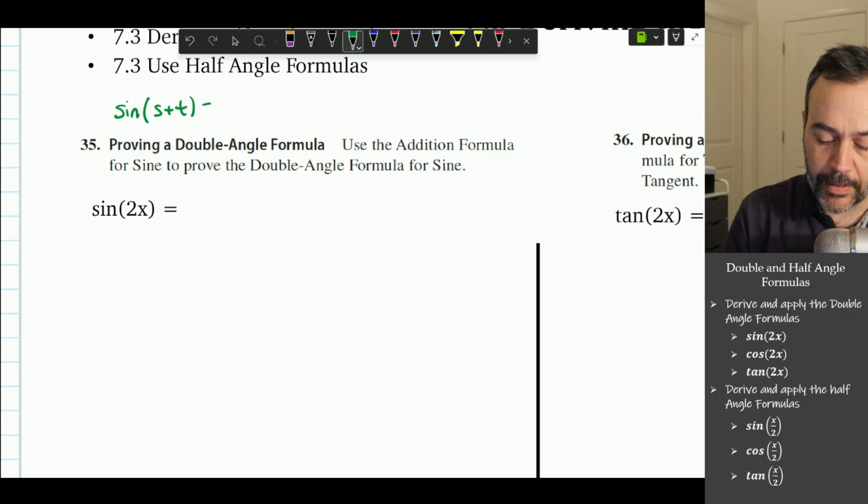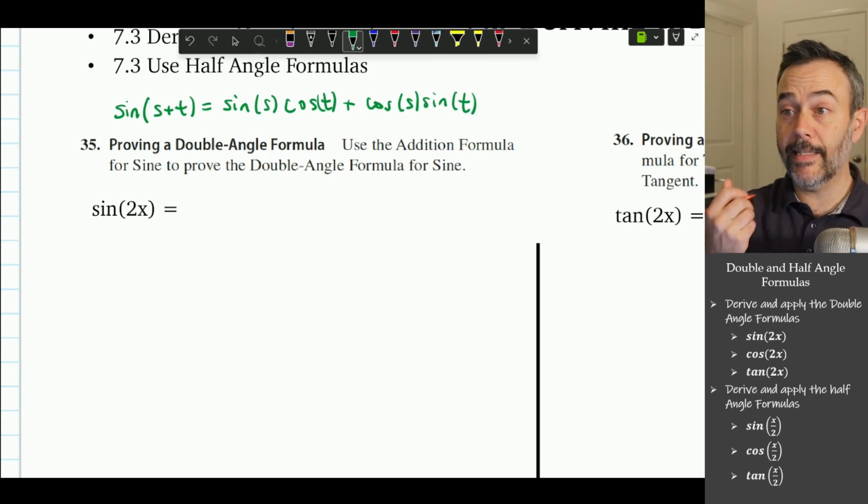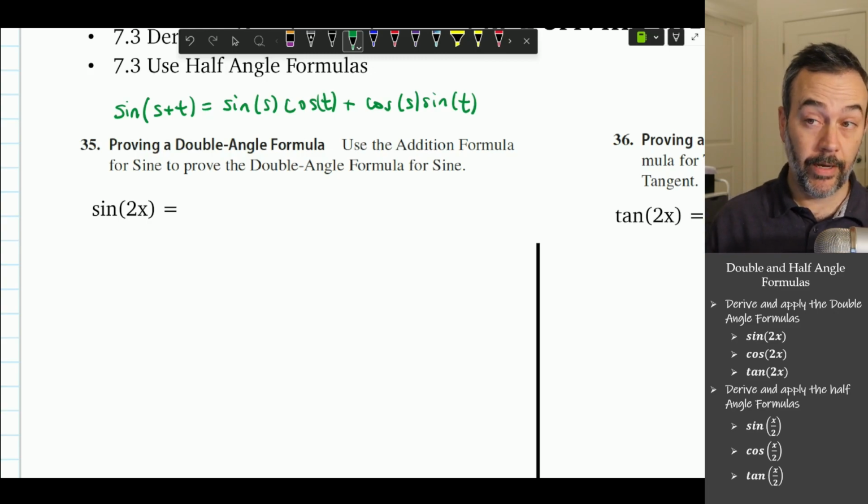Sine of s plus t is sine of s cosine of t plus cosine of s sine of t. Okay, so that is the formula for adding two angles.